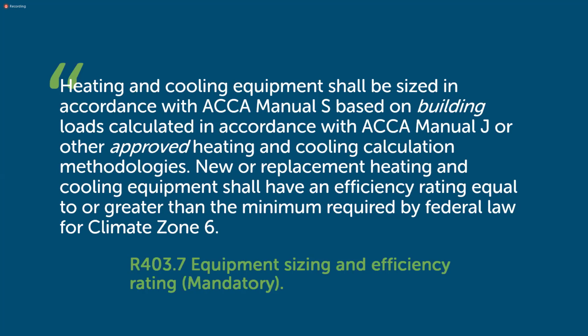This follows other national codes that Manual J, or other approved heating and cooling calculation methodologies, be used to create the basis of load design for new systems or new buildings, as well as using other ACCA manuals that cohabitate with Manual J, such as Manual S and Manual D, for sizing of the actual equipment and distribution design.